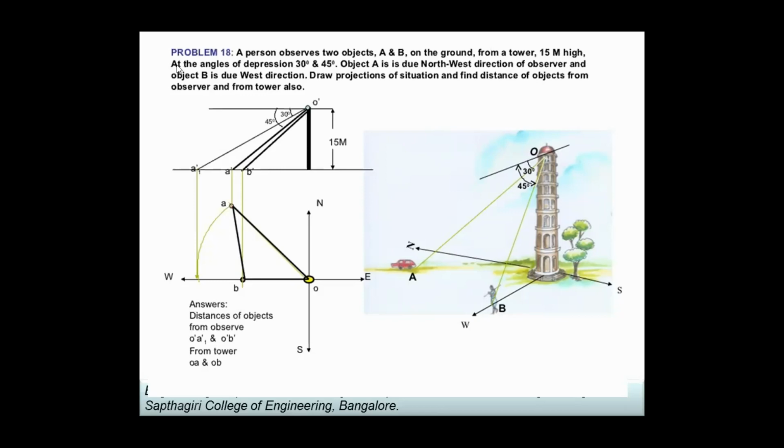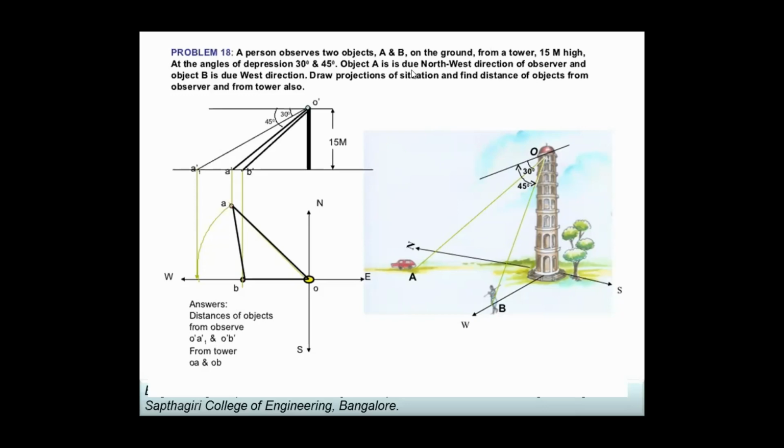The angles of depression are 30 degrees and 45 degrees, the same as we took theta and phi. Here I can say they are alternate angles, 30 degrees and 45 degrees. Forget about the word depression; it is as seen from the top. The same alternate angles can be understood and drawn.